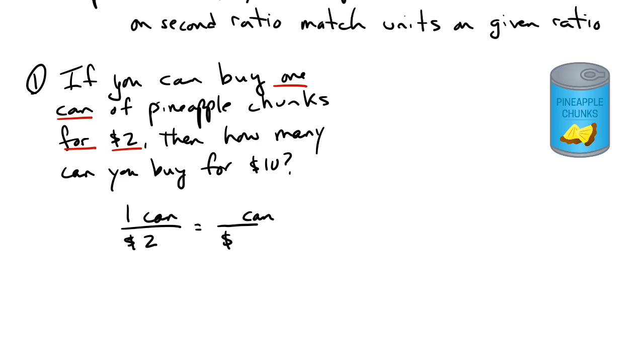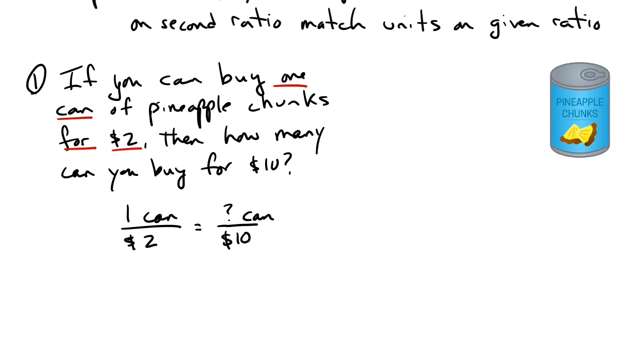So that's our given ratio, 1 can for $2. Then our second ratio is what we're looking for. How many can you buy for $10? Well, that means my money down here is 10, and we're trying to find out how many cans we can buy for $10.